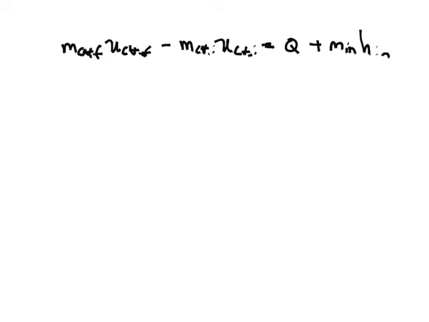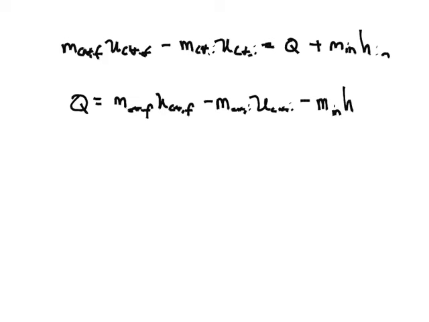So we can rearrange this. So again, that subscript is control volume at the final state, u of the control volume at the final state, minus m of the control volume at the initial state, u of the control volume at the initial state, minus m in, that's the steam, times h in, that's the specific enthalpy of the steam.